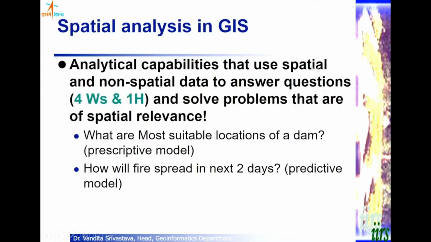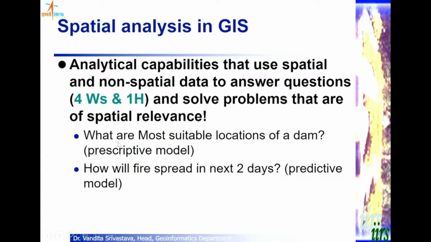So having talked about the applications of GIS, now let me give you some examples of these 5 questions that are pertaining to geography. Like I said, what are the most suitable locations of a dam? You know, we can do descriptive, prescriptive, predictive modelings in GIS.